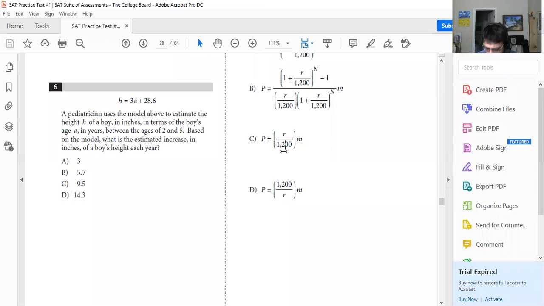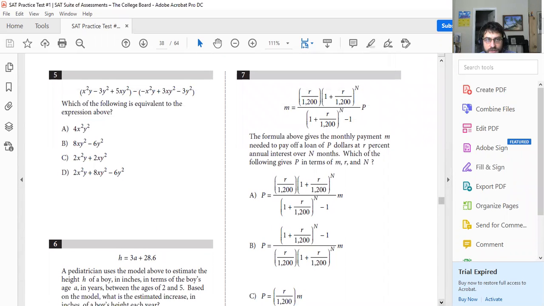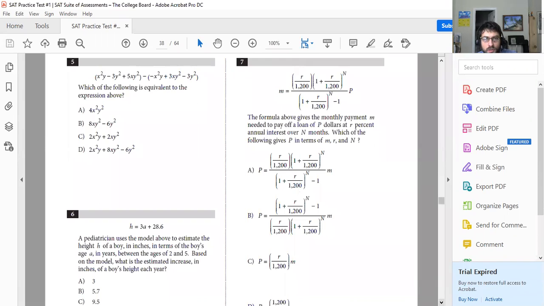And we have number 7. Let's see if I can fit this on. I think that's good enough. The formula above gives the monthly payment M needed to pay off loan P at R% annual interest over N months.